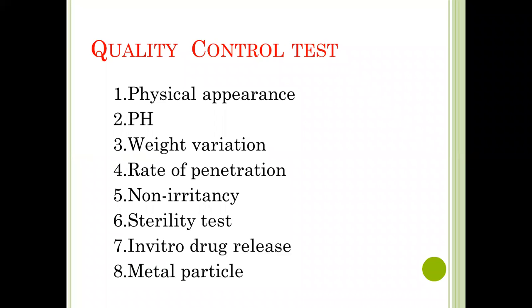So rate of penetration is calculated by dividing the amount of area where it is applied by the time period of application, that is, the contact between the skin and this ointment for how much time. Depending on this, rate of penetration is determined.